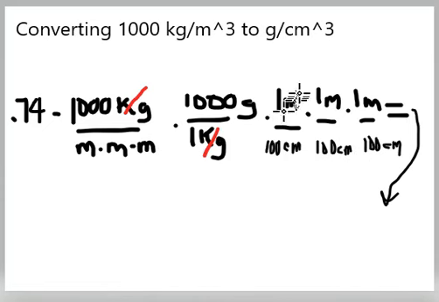So I just simply said 1 meter is the same thing as 100 centimeters. I agree with that statement. That cancels. 1 meter is the same thing as 100 centimeters. This cancels the meter. So now I have grams over centimeters multiplied by centimeters.